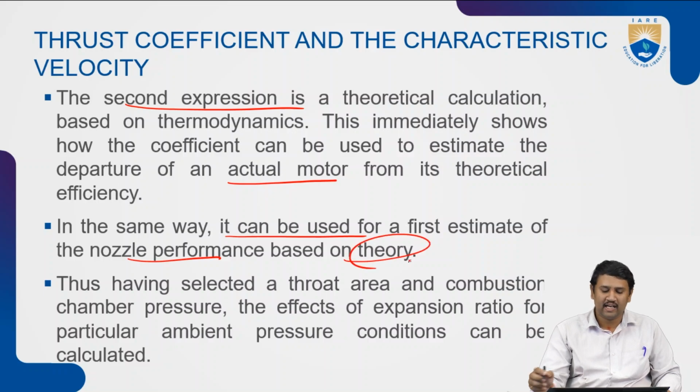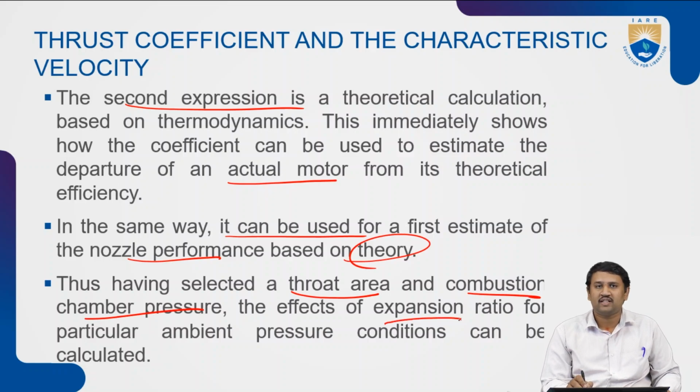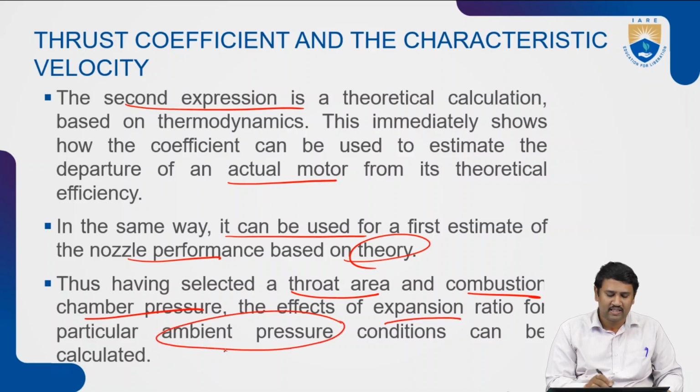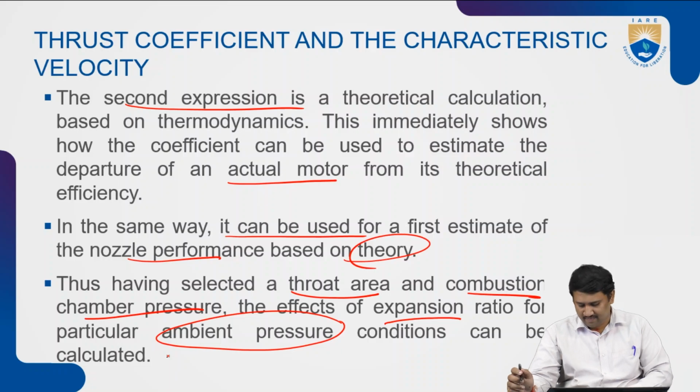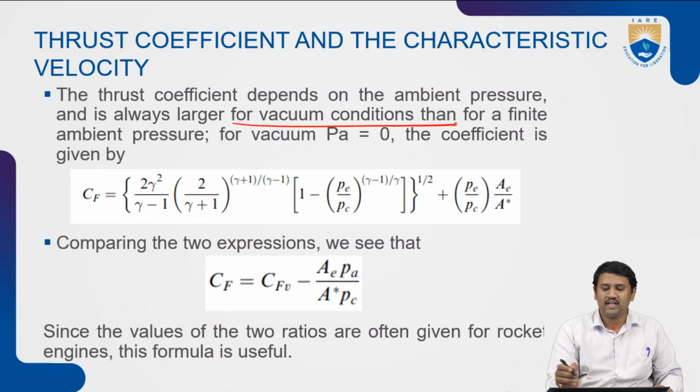Thus, given a selected throat area as well as a combustion chamber pressure, the effects of expansion ratio for particular ambient pressure conditions can be well calculated. The thrust coefficient depends on the ambient pressure and is larger for vacuum conditions than for finite ambient pressure.